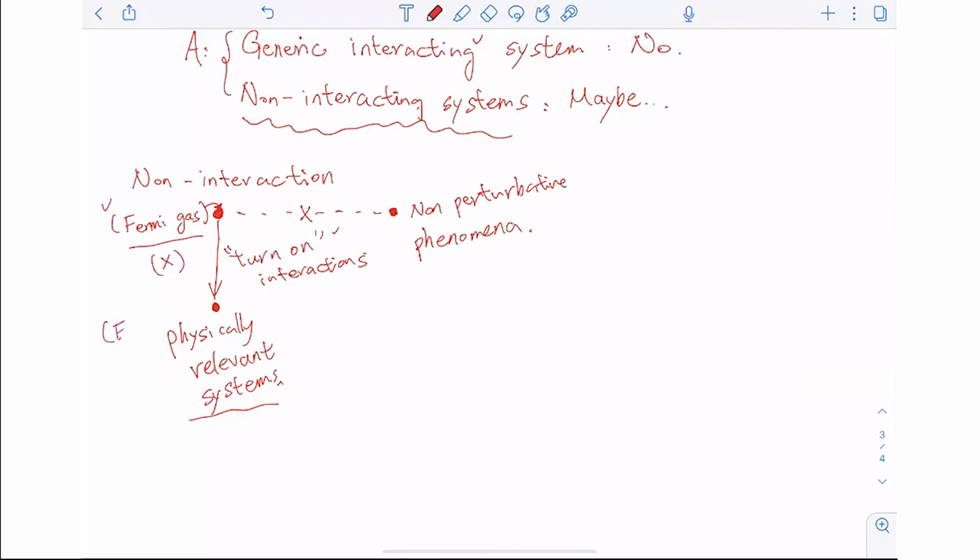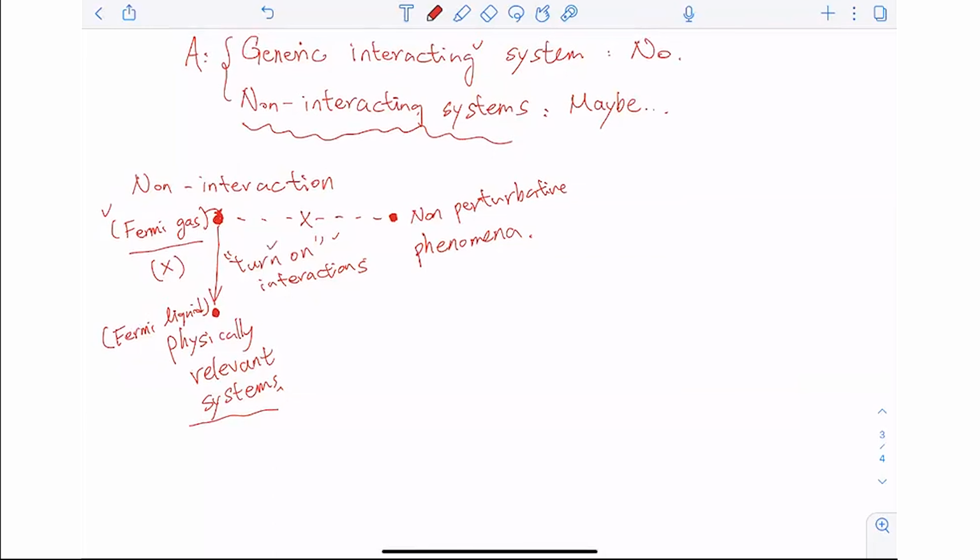And here, the corresponding theory is called the Fermi liquid. And to some extent, if you turn on the Coulomb interaction in a perturbative fashion, you can actually get this Fermi liquid idea. Okay.